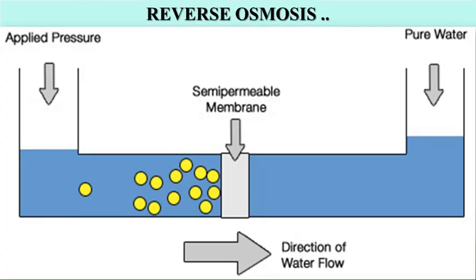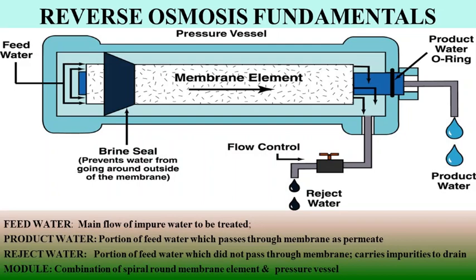The pressure at which solvent flow is prevented is called the osmotic pressure. If a pressure greater than the osmotic pressure is applied to the concentrated solution, then the solvent can be forced through the membrane, leaving the dissolved substances behind. So this method of purifying water is termed reverse osmosis.